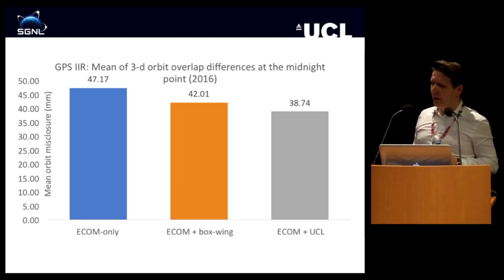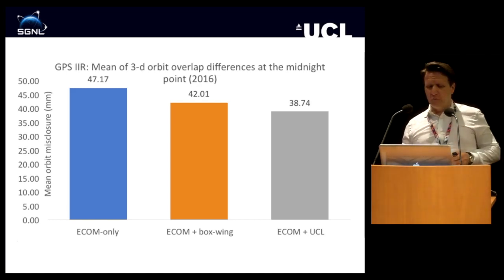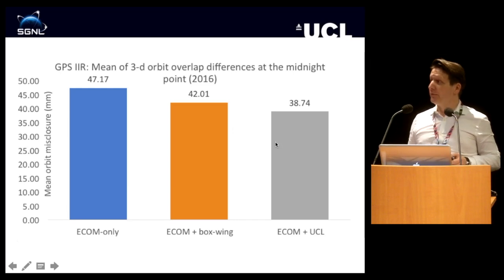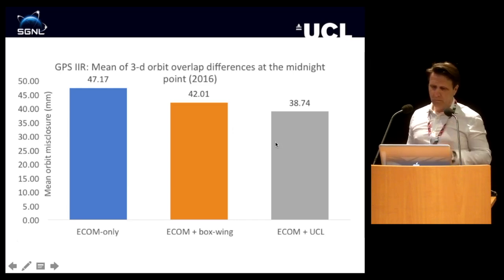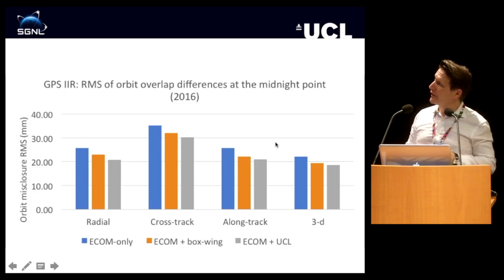But what we found is that consistently, as we go from the ECOM-only model to the box and wing, and then down to the UCL model, the 3D is improving. Finally, this is radial, cross-track and along-track broken down, and 3D.